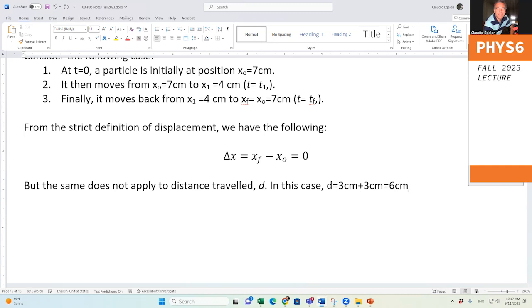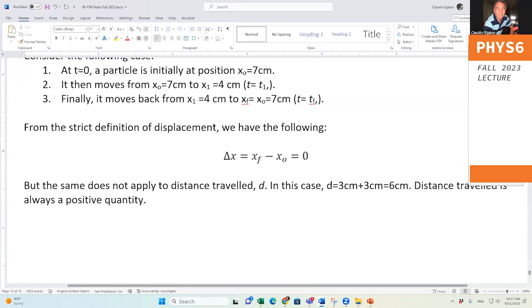See the difference between distance traveled and displacement? Distance traveled is always a positive quantity. I want you to keep that in mind.